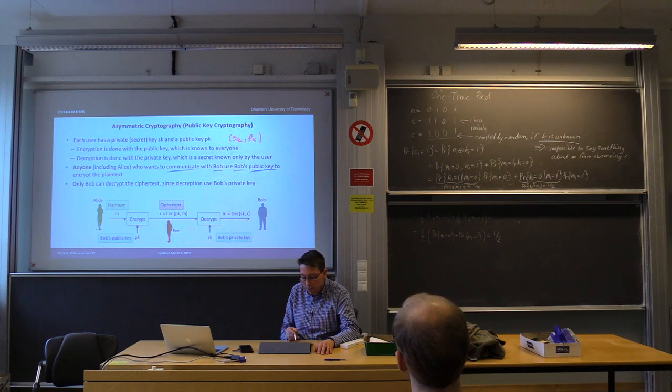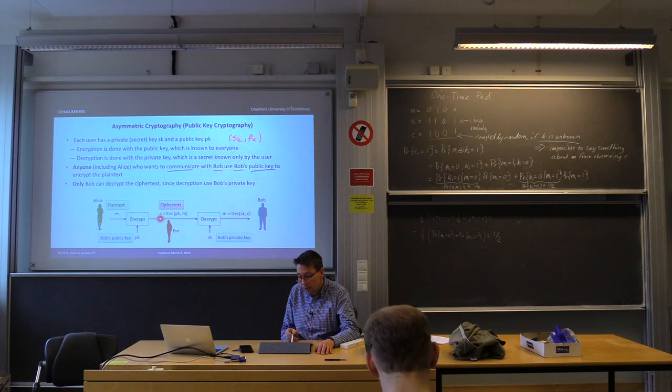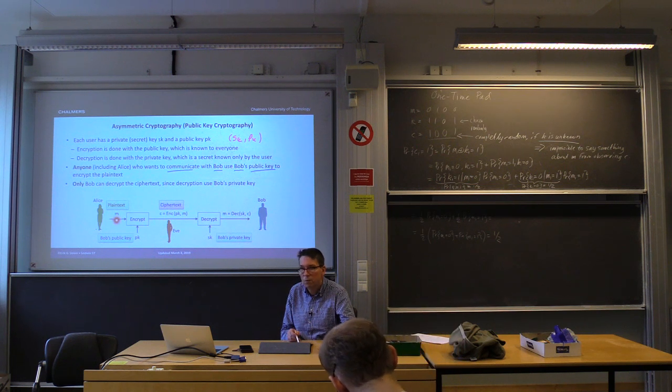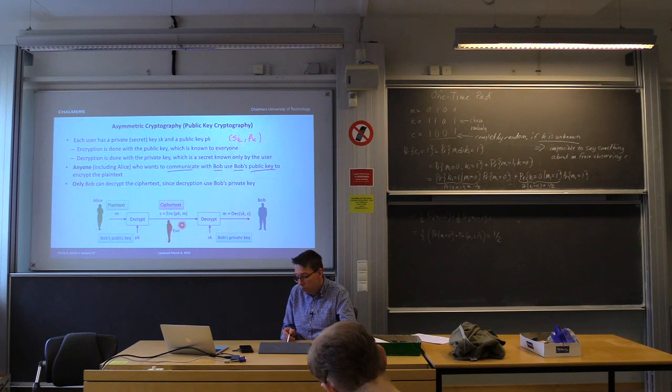The thing is that even though Alice knows how to encrypt, she doesn't know how to decrypt. Alice knows M, so that's maybe a contrived example, but just to make a point here, anybody who sees C cannot figure out M, the plaintext, without knowing the secret key of Bob.